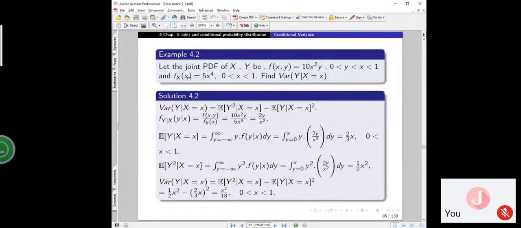This is fx, so its range is only x. But for the conditional density or joint density, you must give both. But this is only the density for x. Remember, density for x means we have removed y, so our range is only 0 to 1. Clear? Same thing, if I ask you to find fy, then you give y from 0 to 1. Don't give this, it's wrong. You only give this for the joint PDF and conditional PDF like this.